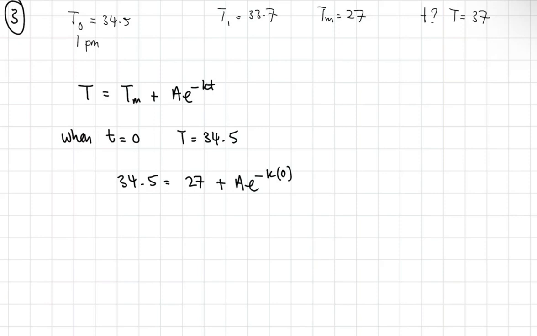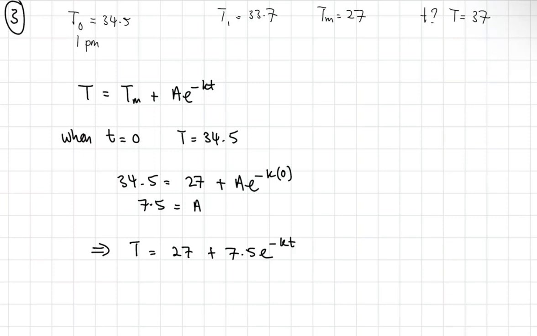So 34.5 minus 27 equals 7.5, which equals A. This implies T equals 27 plus 7.5 exponent minus Kt.